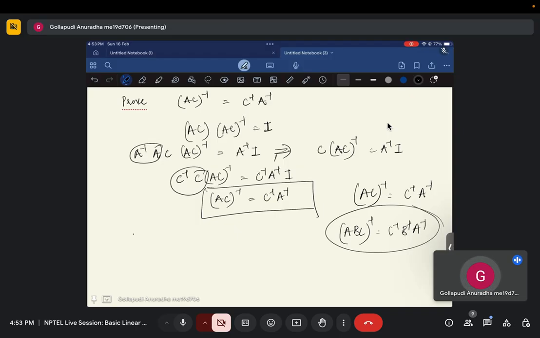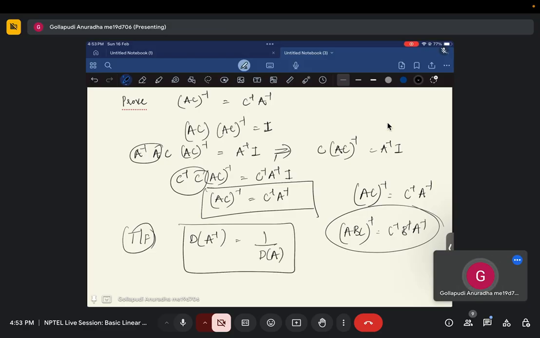So this is a true or false question. The determinant of A inverse is equal to 1 by the determinant of A. True or false? True, ma'am.